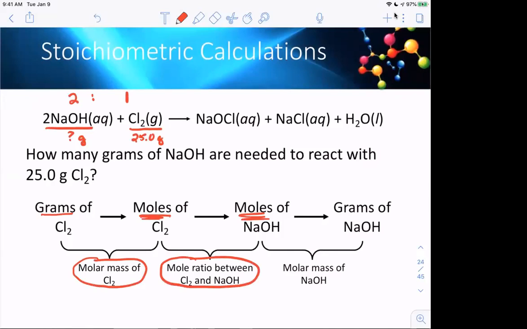Using the molar mass of NaOH, I now can calculate the grams of sodium hydroxide that will react with 25 grams of chlorine. So now I have control. I know I want to use 25 grams of chlorine. I have to figure out how many grams of sodium hydroxide will react with that, and then I can do the reaction in the lab.